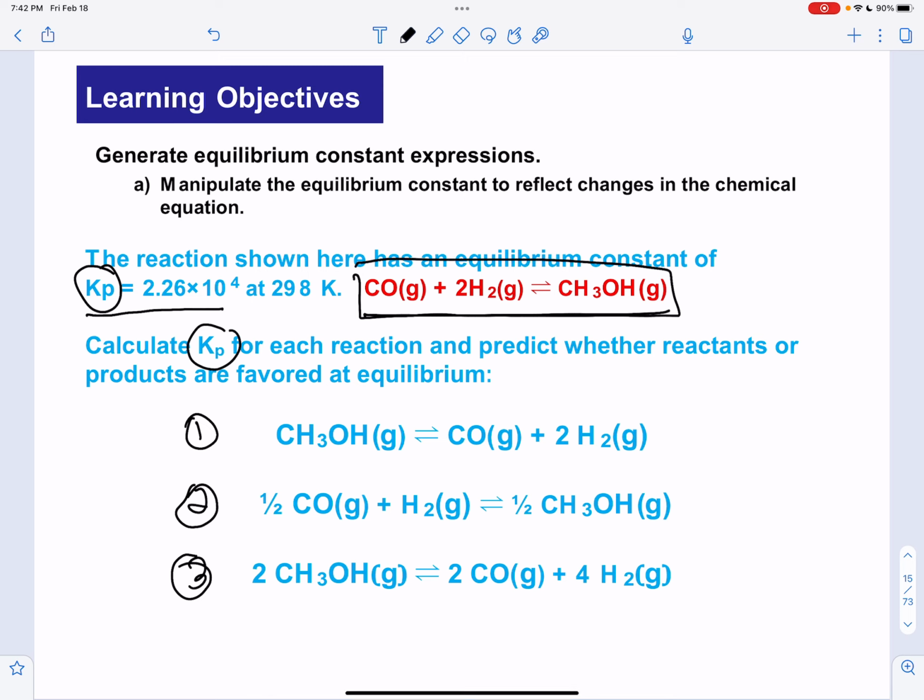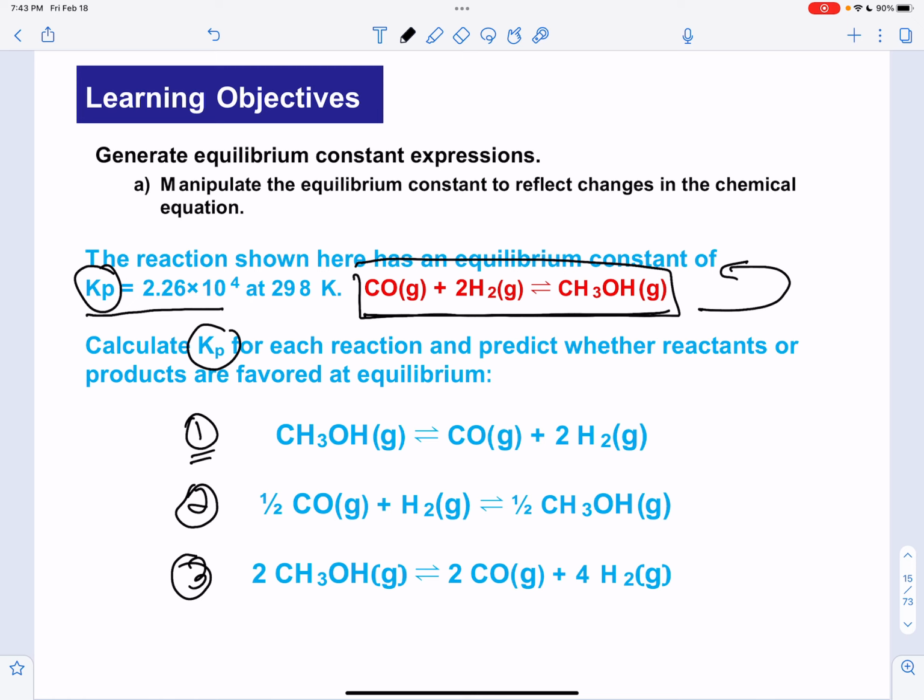So how does that reaction compare to reaction number one? When you take a look at it, what you notice is that it is backwards. So how do we relate the Kp or Kc to this situation?